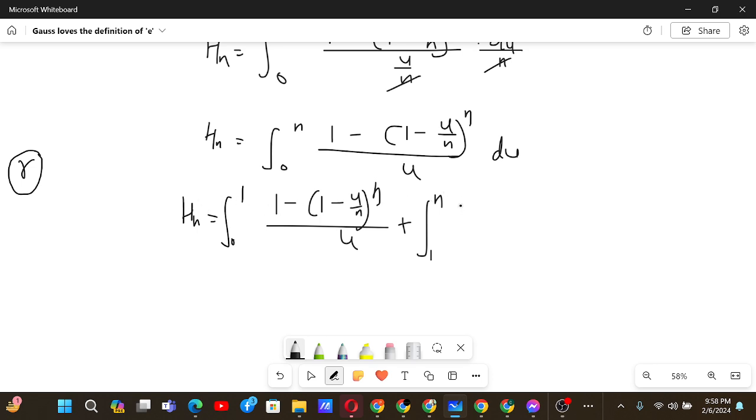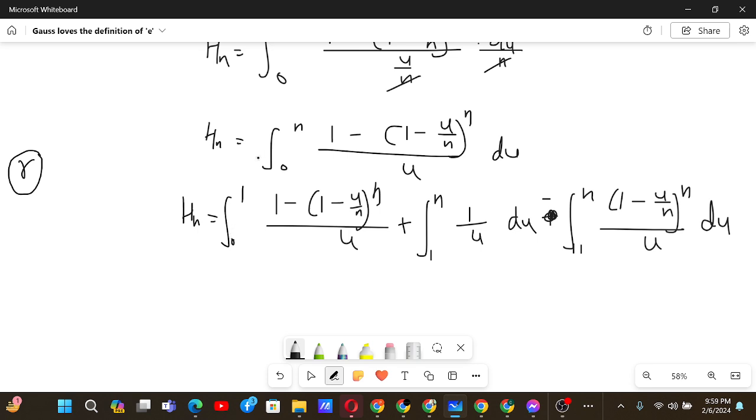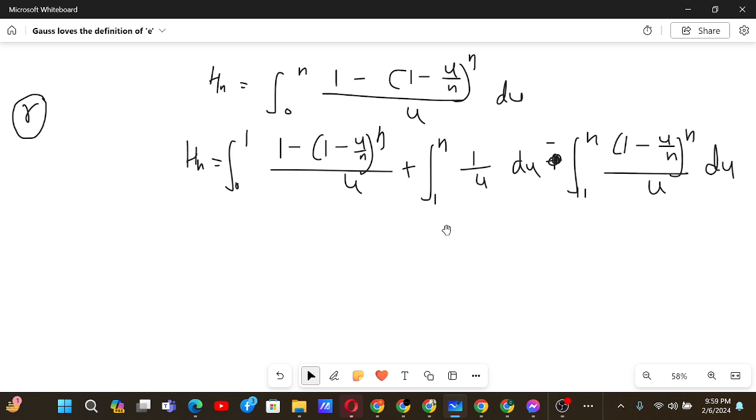So we have the integral of 1 by u du, not plus, we have minus the integral of 1 minus u by n to the power n by u du. Basically I divided the integral from 0 to n into 0 to 1 and 1 to n. Now this is just ln of n minus ln of 1, so that's just ln of n, and you can take ln n to the other side.